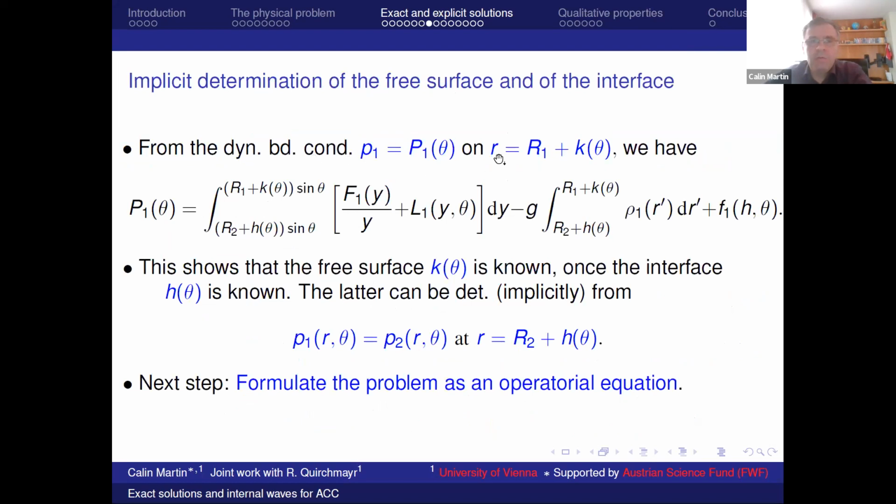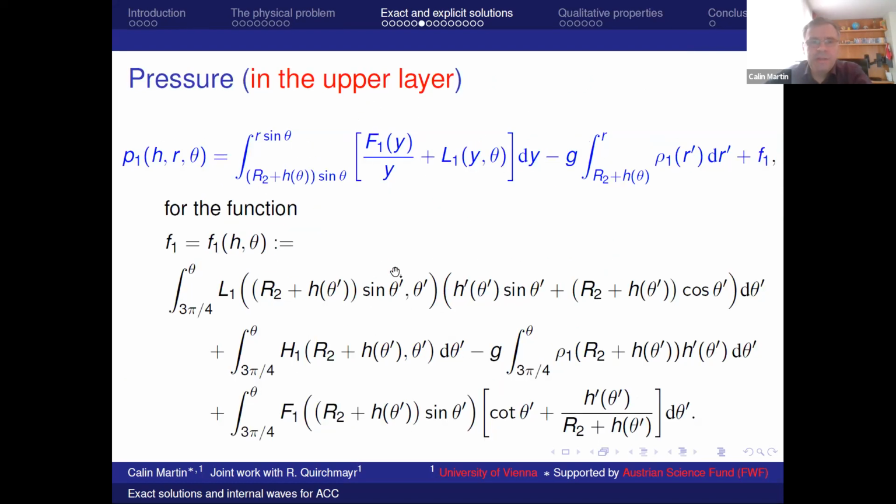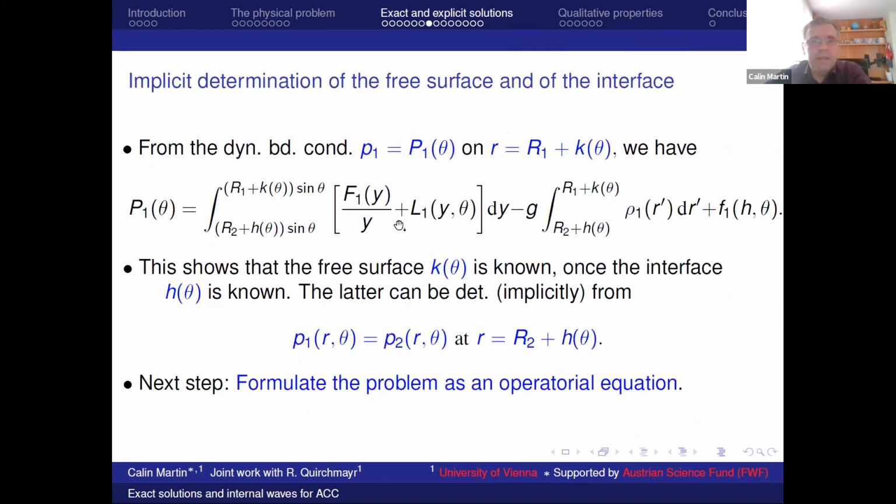So now it's clear that we cannot find an explicit formula for this in general, but what we can do, from the boundary condition which asks that the pressure equals some given pressure on the surface, this given pressure actually determines the free surface K and the interface H in an implicit way.